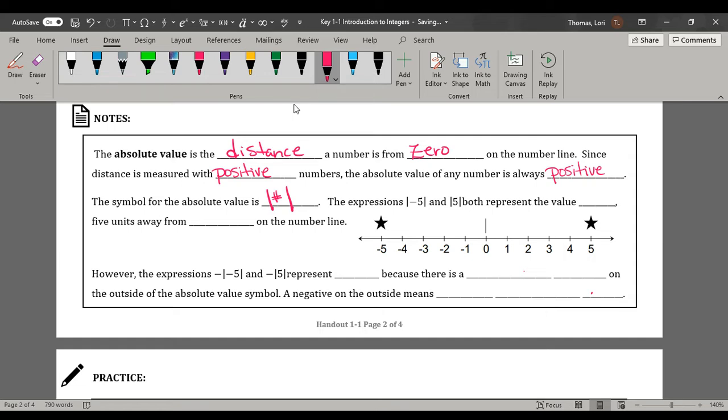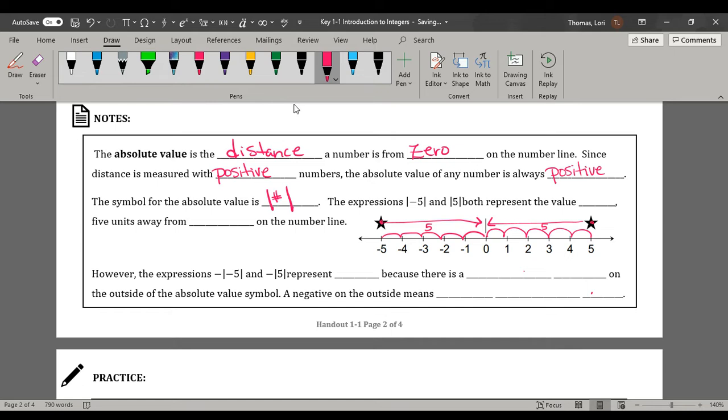If you take a look at -5, like we have here starred, the distance that -5 is to 0 is 5 units. 1, 2, 3, 4, 5. Then we have +5, and the distance +5 is to 0 is 1, 2, 3, 4, 5 units.